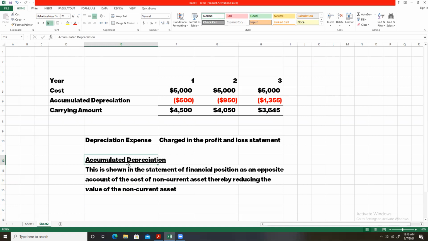Now this is accumulated depreciation, and depreciation expense is charged in the profit and loss statement.